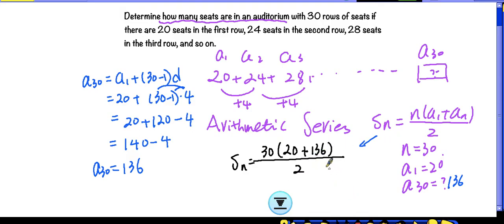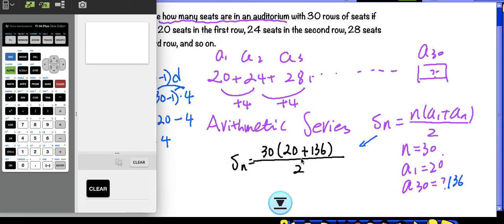You can always use the distributive property, or if you want to use a calculator, we can do that too. When we do that, we type the top part. You don't need to break it down, you can just type everything you already see. And put the parentheses: 20 plus 136.